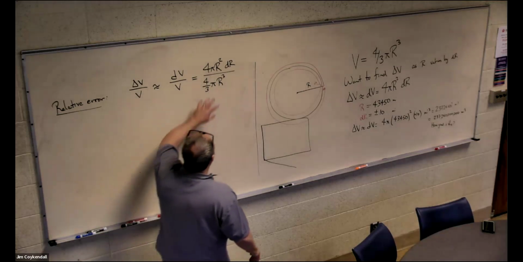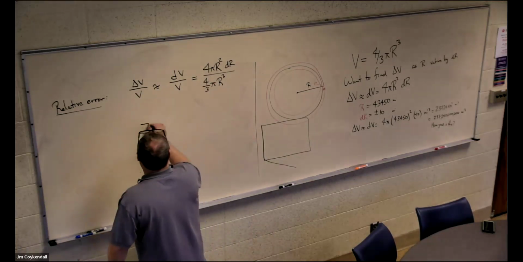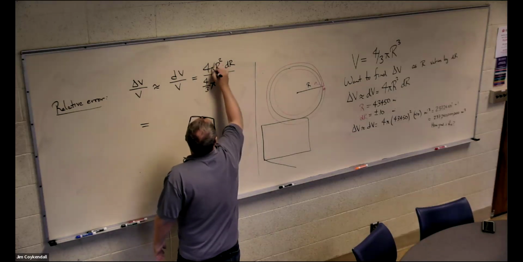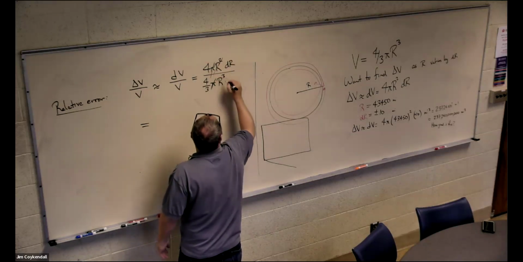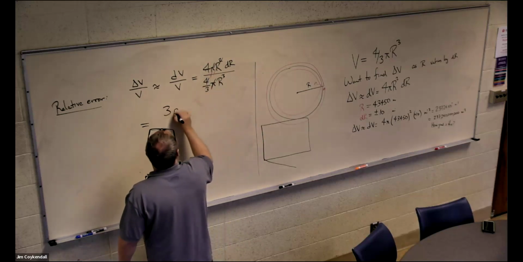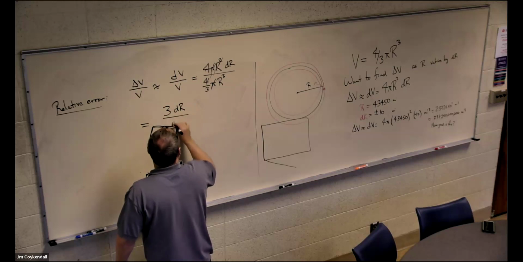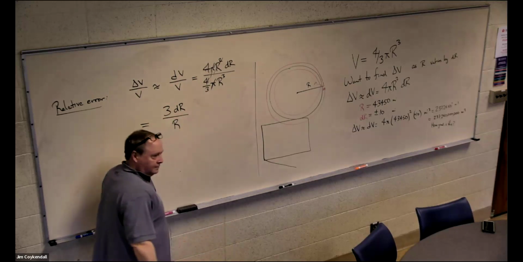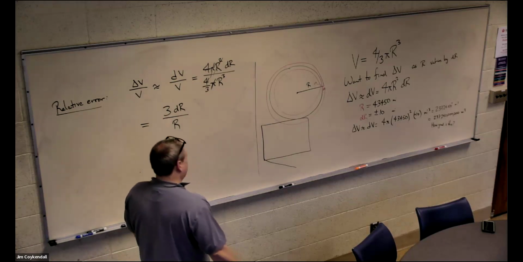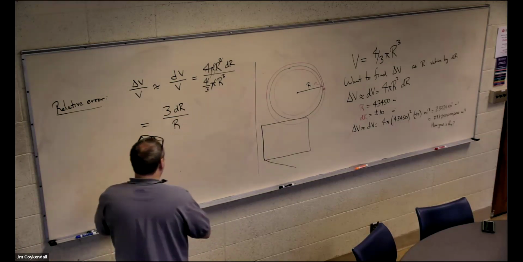There's a crazy amount of cancellation here. Pi's cancel, 2 powers of the R cancel, and 4's cancel, and I end up with 3 dR over R. This is my relative error. What is dR?